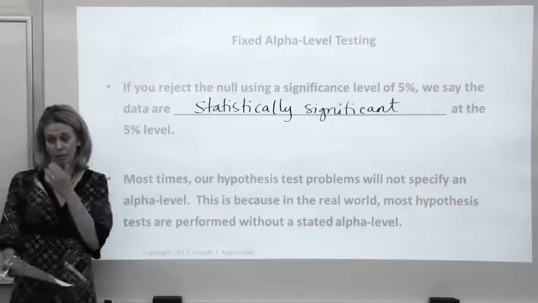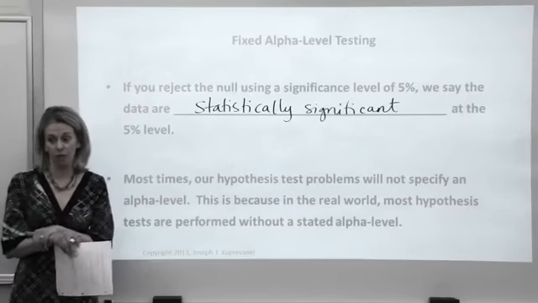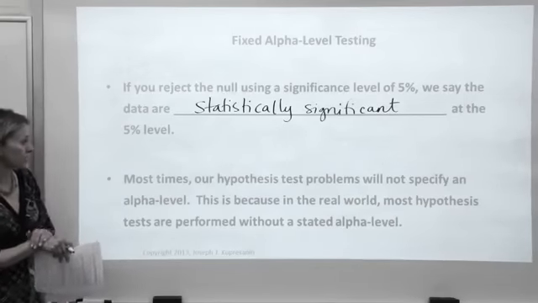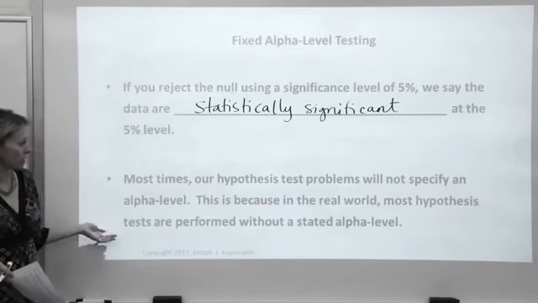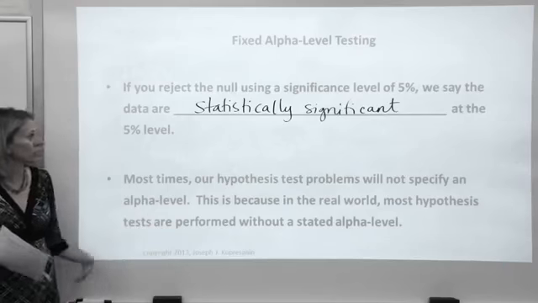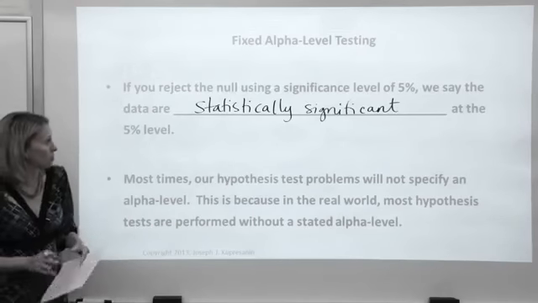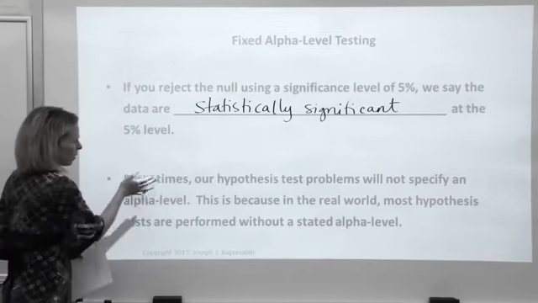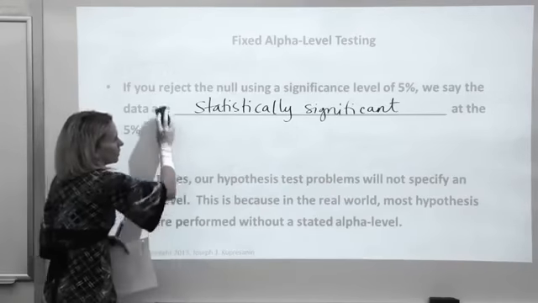Most times our hypothesis test problems will not specify an alpha level. This is because in the real world, most hypothesis tests are performed without a stated alpha level. But once in a while, you'll see this, so we're going to show you what this means. But a lot of times, we won't have a fixed level of alpha.